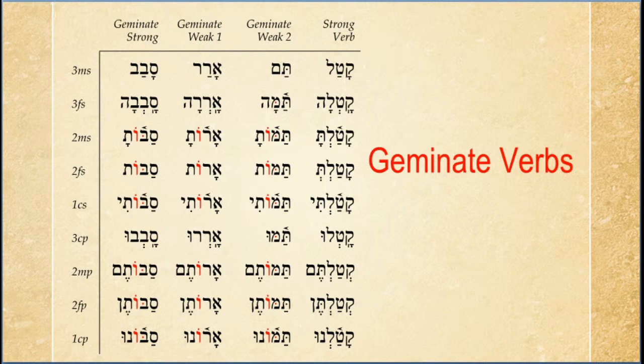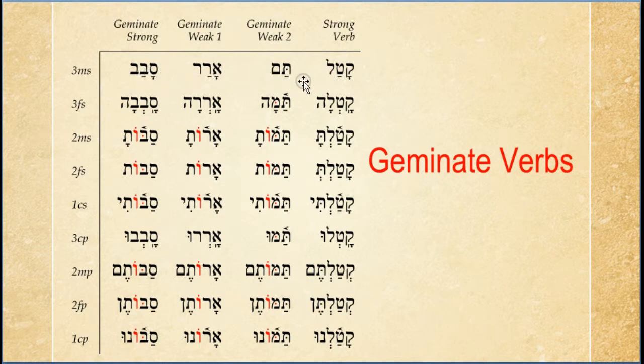What are Geminate verbs? Geminate verbs are verbs that have the second and the third consonants the same. Look what happens here. We have two verbs that are being used, and that is savav. Savav means to turn around, to spin, and arar means to curse.